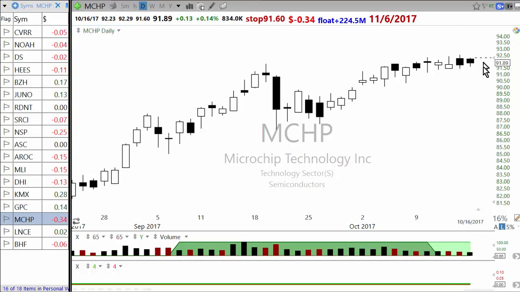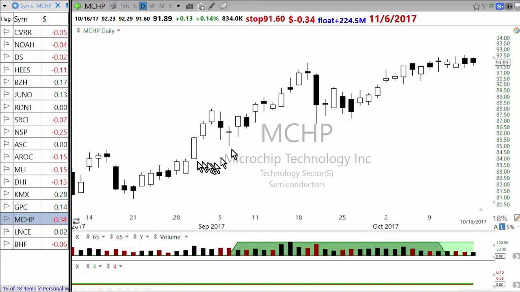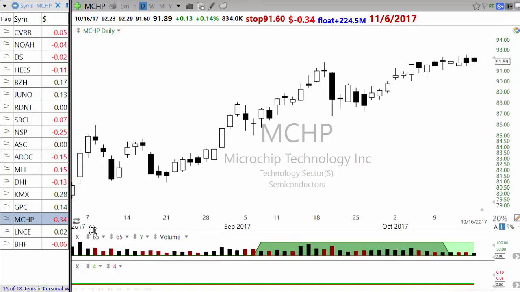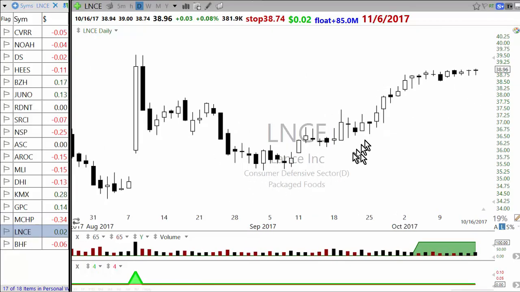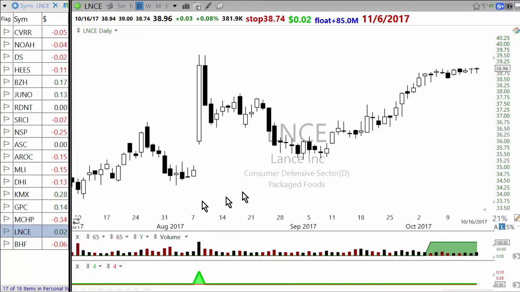So if 92.5 is an entry, your stop might be around 91.89 or 92. So for 50 cents, sometimes you can capture a $3, $4, $5 move. So that's like allowance again, and this is a similar kind of situation.